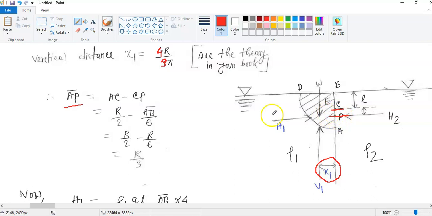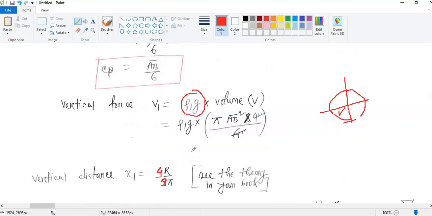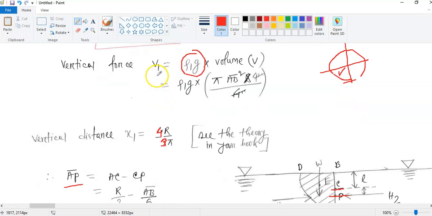So if we write it down, AP equals AC minus CP. Then AC is half of this distance, so this total distance is r, and if we take the value from here to here, this is r by 2. And CP, we did some calculation, equals AB over 6.